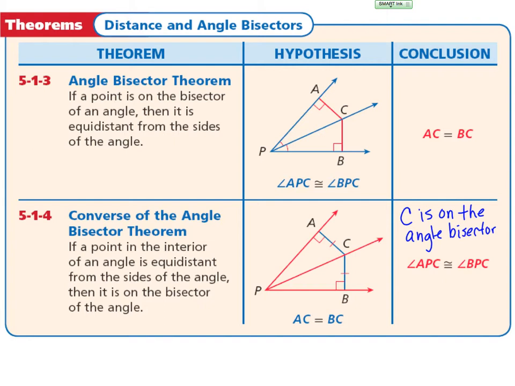So the equidistant is going to the sides of the angle, not to the vertices this time. Let's try some before we put it into a complete triangle.